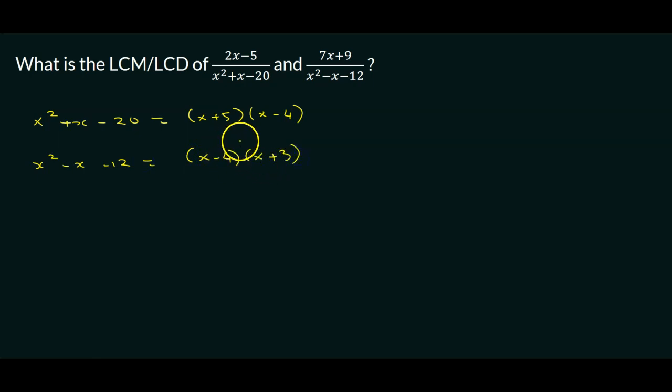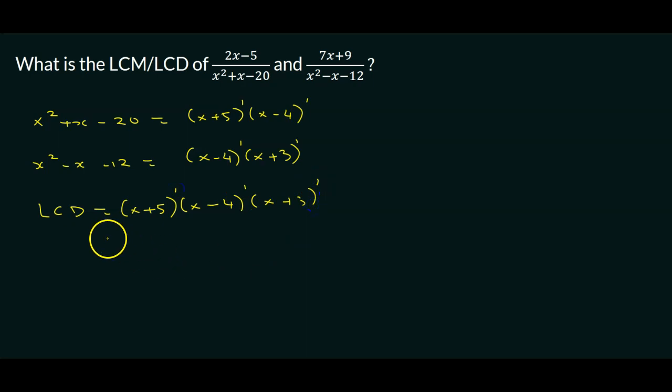I'm going to pay attention to exponents, so that's very important. Your least common denominator is going to be, let's look at all the expressions that show up in our factors: x plus 5, x minus 4, and x plus 3, and all of them have an exponent of 1.